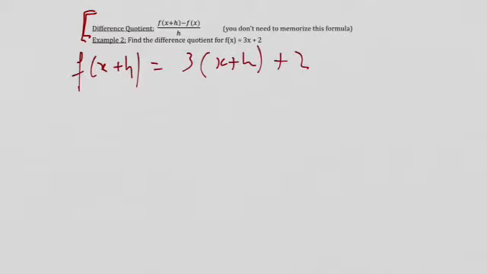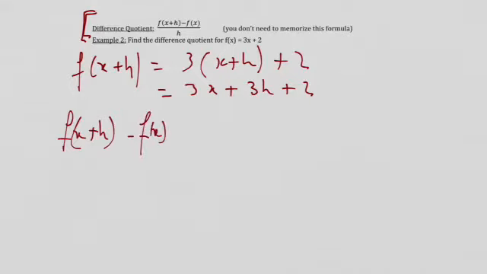I substitute the value of x by the new value, which is x plus h, and then I distribute. So I end up with 3x plus 3h plus 2. And now I just need to calculate the difference quotient, which is f of x plus h minus f of x, divided by h.